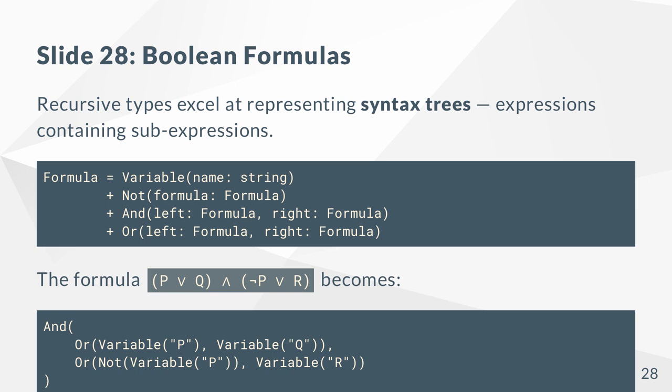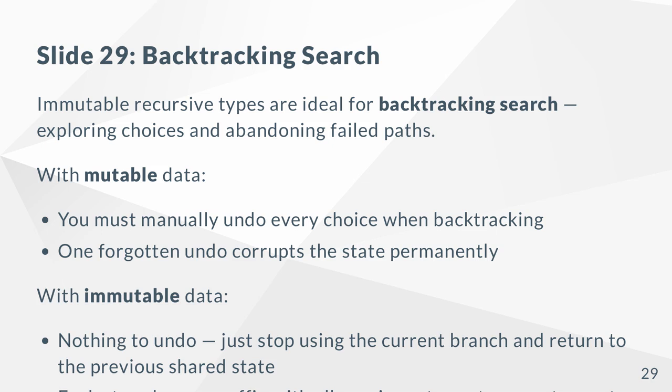Operations like evaluate, which assigns truth values to variables, and variables, which collects all variable names, are implemented recursively, one case per variant. Immutable recursive types are ideal for backtracking search, exploring choices and abandoning failed paths. With mutable data, you must manually undo every choice when backtracking.